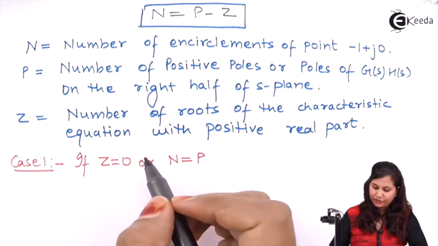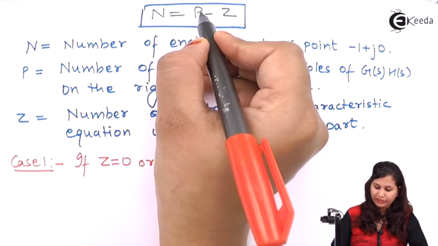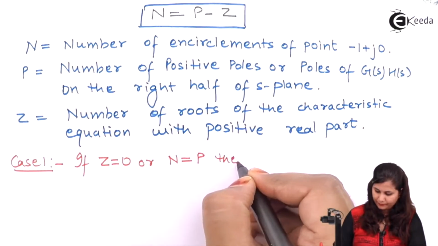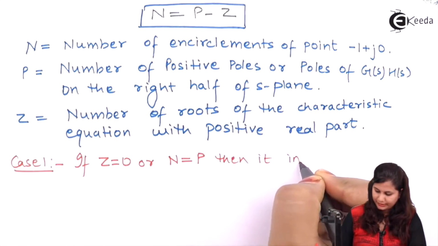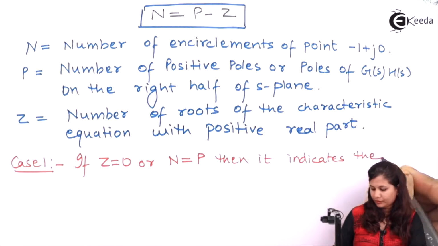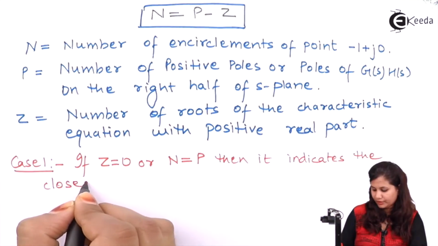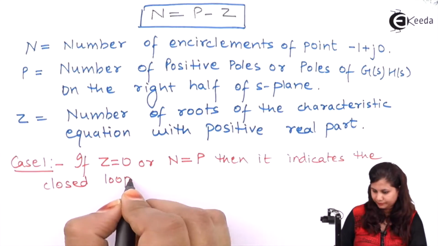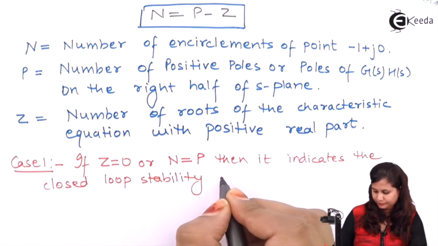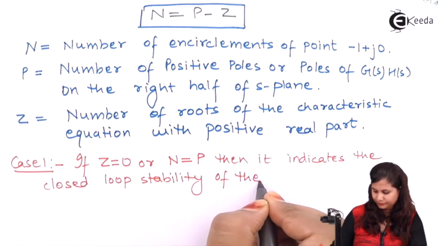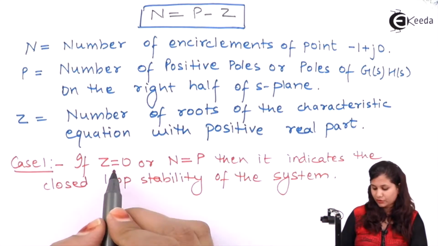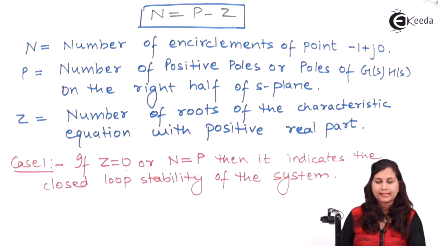So if this condition occurs, that N equals P and Z comes out to be 0, then it indicates the closed loop stability of the system. So if Z equals 0, the closed loop system is stable.